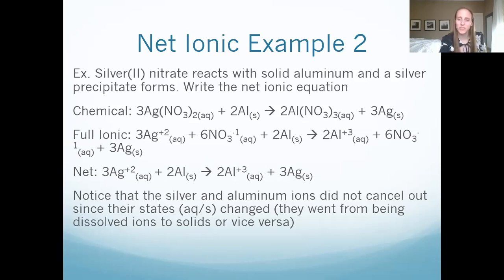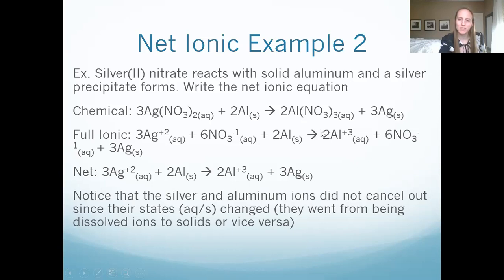So aluminum is just a hunk of metal. So I don't write aluminum as an ion when I do my full ionic equation. As you can see here, it doesn't have a charge. It is a hunk of aluminum. It is not an ion.